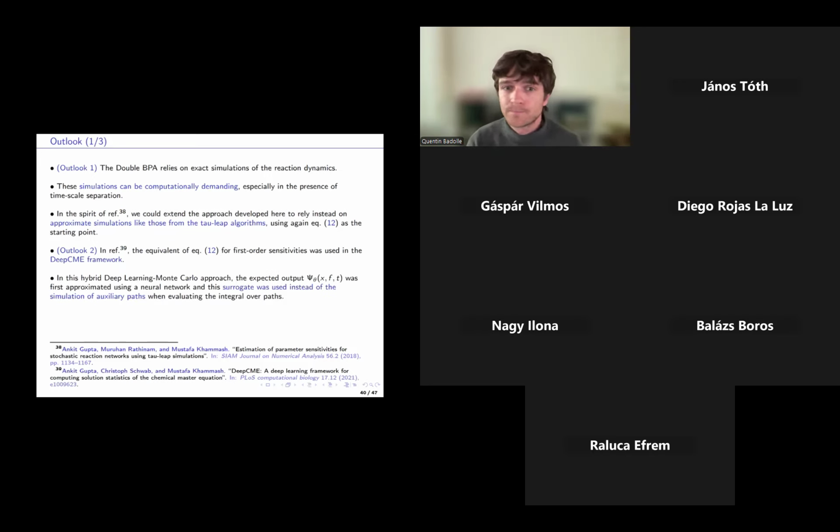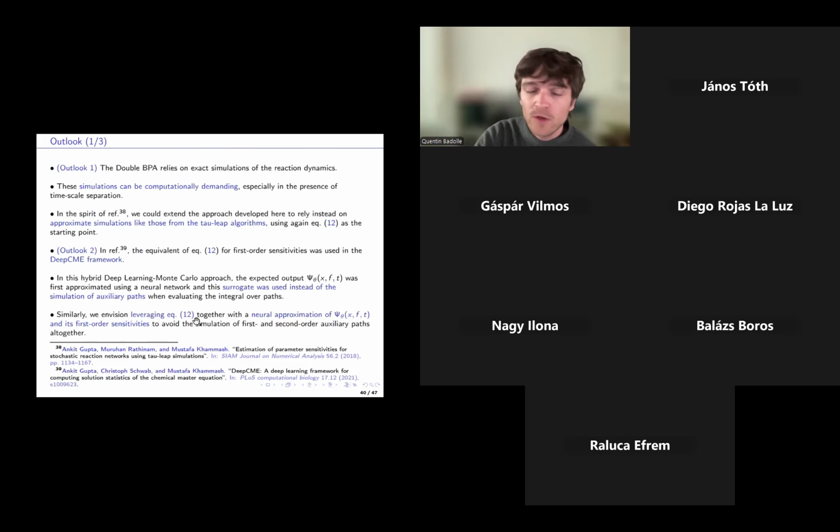And in this paper, the expected output was first approximated using a neural network, and it was this surrogate which was used instead of the auxiliary path, which is the extra cost which the double BPA has to pay when compared to the Girsanov transform. So in exactly the same spirit, we could start from this equation 12 and have a neural approximation of the expected output and its first order sensitivities to avoid the simulations of the auxiliary path altogether.